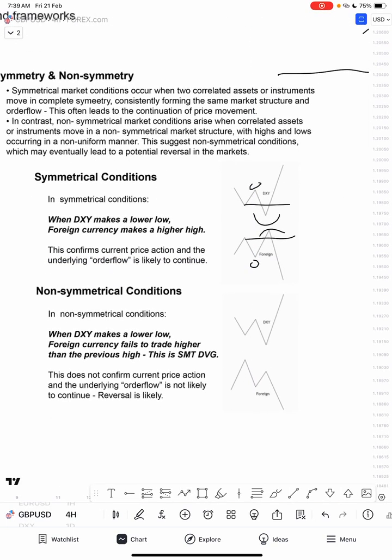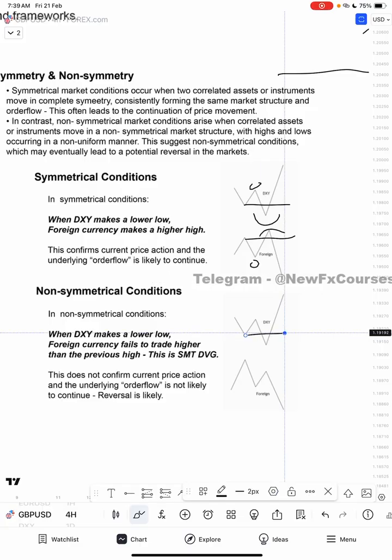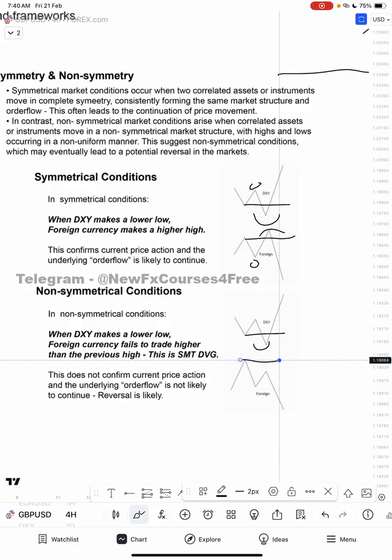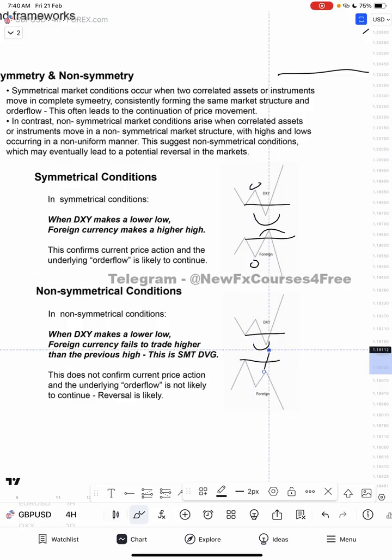So here, non-symmetrical condition. When DXY makes a lower low with this move here, and foreign fails to trade higher than the previous high, there was no sweep above this high.